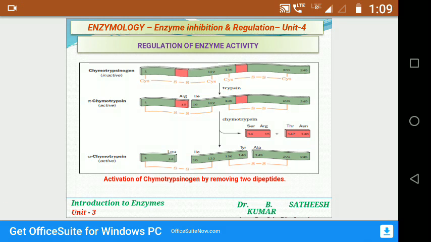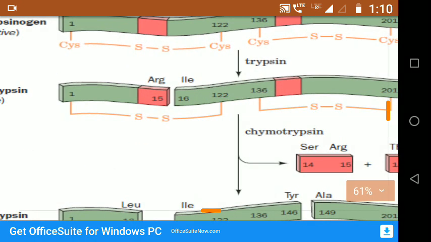When we look at the catalytic activation mechanism of chymotrypsin, we have a sequence of 245 amino acids, where the trypsin initially cleaves the peptide bond between 15 and 16. The 15th amino acid is arginine and the 16th amino acid is isoleucine.